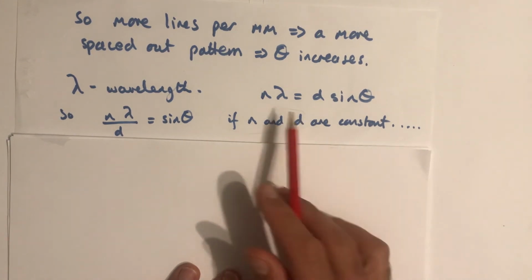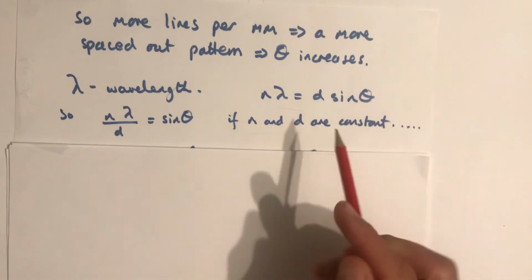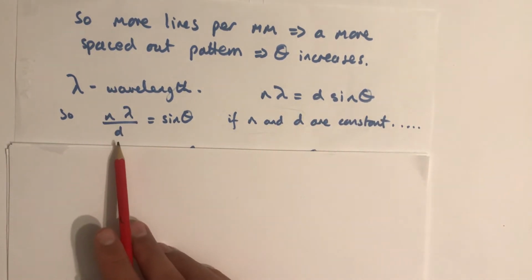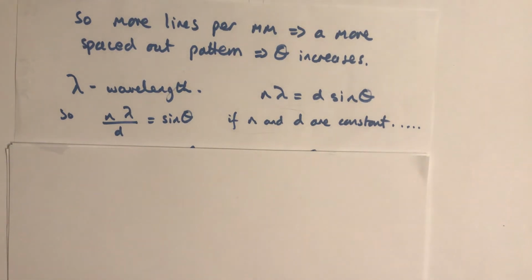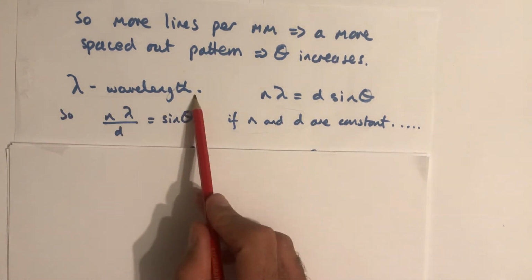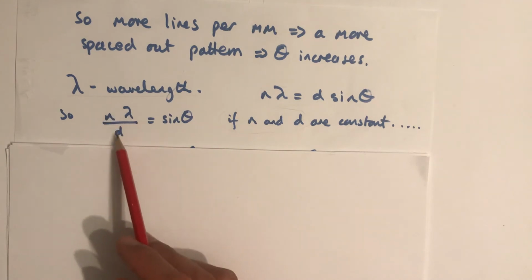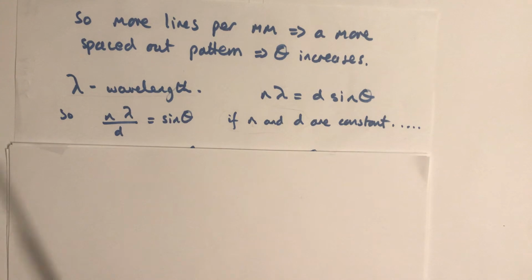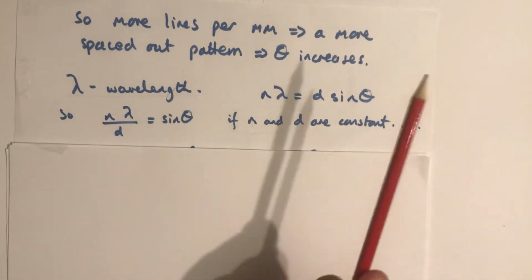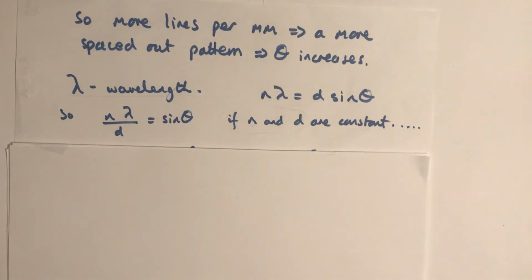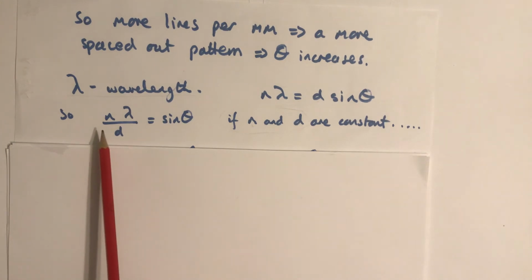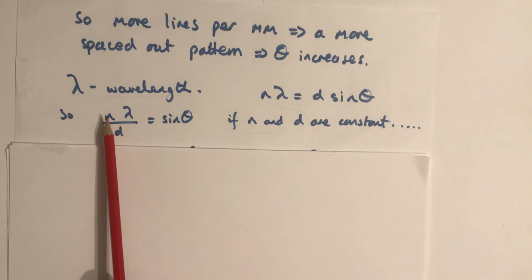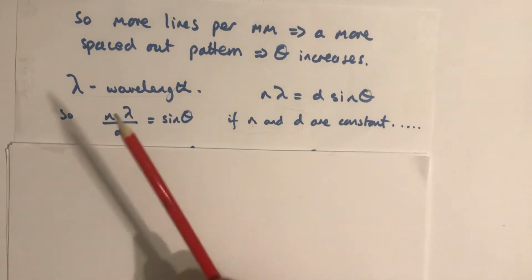Okay, well, I've just started off by rearranging the equation here and saying, okay, let's bring the d over to this side. So d appears on the bottom there. And so I'm interested in what happens when I change wavelength. So now I'm going to say that the particular line on the screen that we're looking for, say the n equals 1 maximum, will be constant.